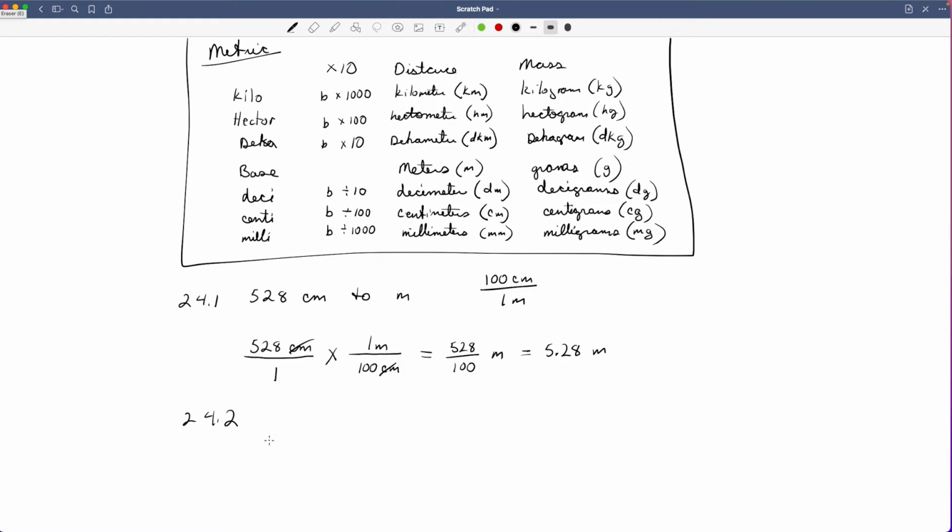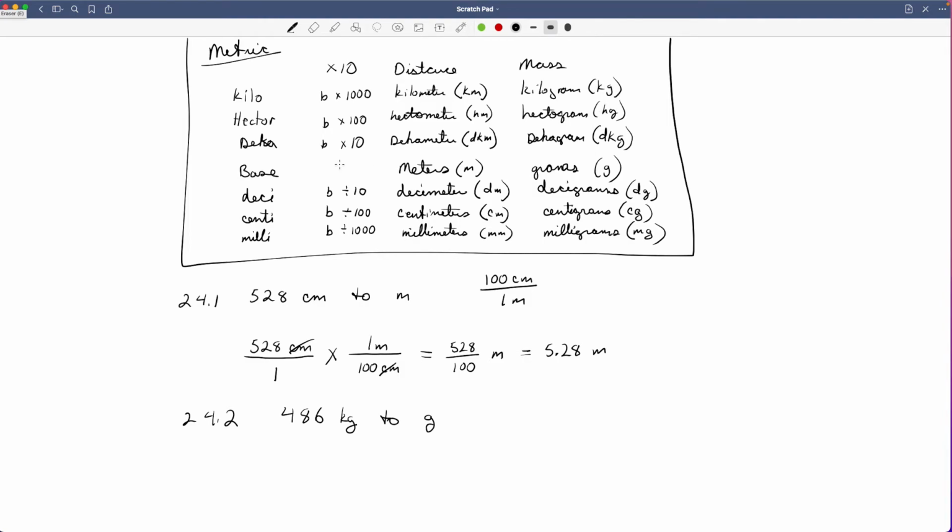All right, let's do 24.2 right here. We're going to convert, let's see if I can read this, 486 kilograms, 486 kg to grams. All right, so let's find our unit of conversion. So we have kilograms to grams.